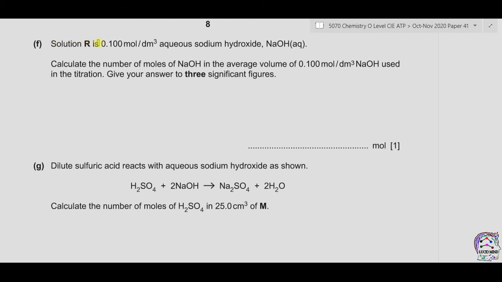Part F. Solution R is 0.1 mole per decimeter cube aqueous sodium hydroxide. Calculate the number of moles of sodium hydroxide in the average volume of 0.1 mole per decimeter cube sodium hydroxide used in the titration. Give your answer to 3 significant figures.